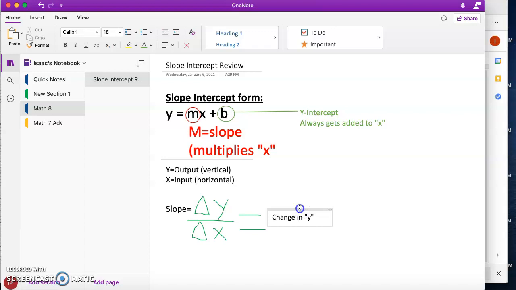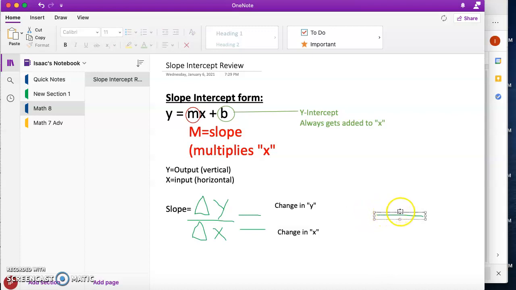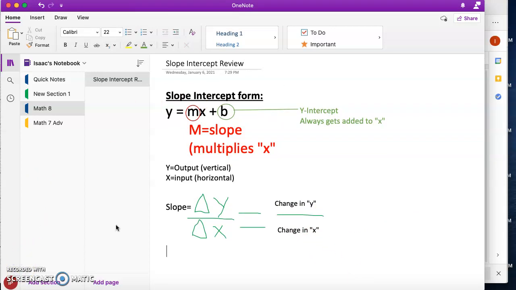So delta y over delta x means change in y divided by change in x. Now, I know that right now that probably doesn't make a ton of sense. We're going to talk about what that means too. Big idea on slope.